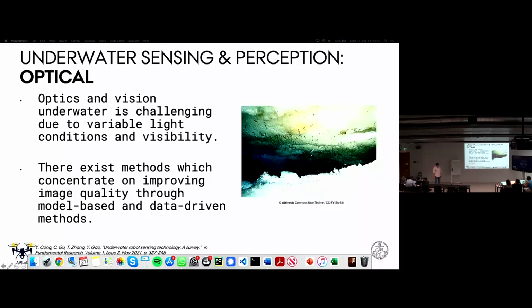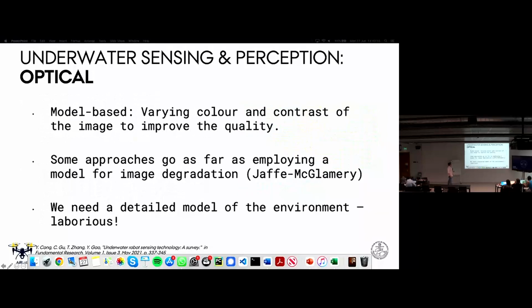But there do exist methods which concentrate on improving the image quality, and there are two ways to do this: one is model-based, and one is data-driven. So, you know, the ultimate showdown in academia, I find. Model-based, obviously, you can vary your color or vary the contrast of the image in order to improve the quality.